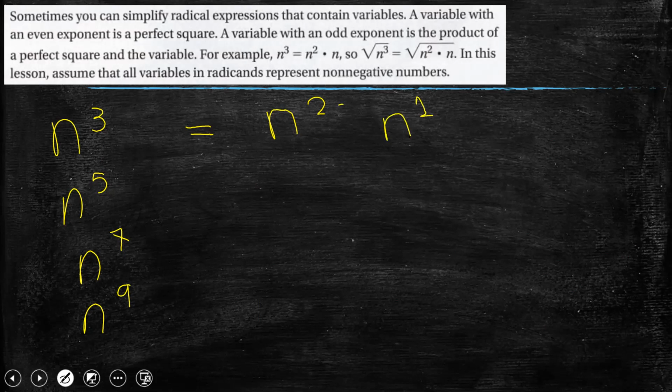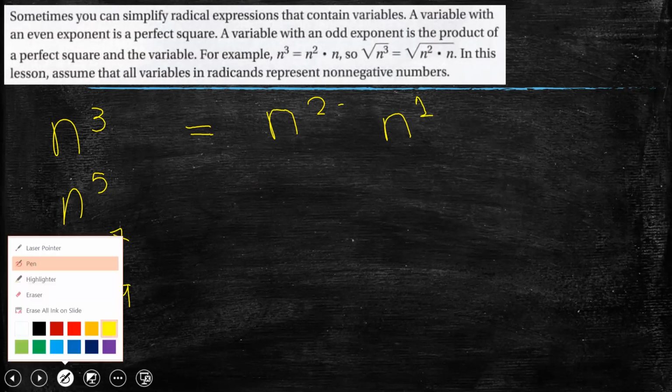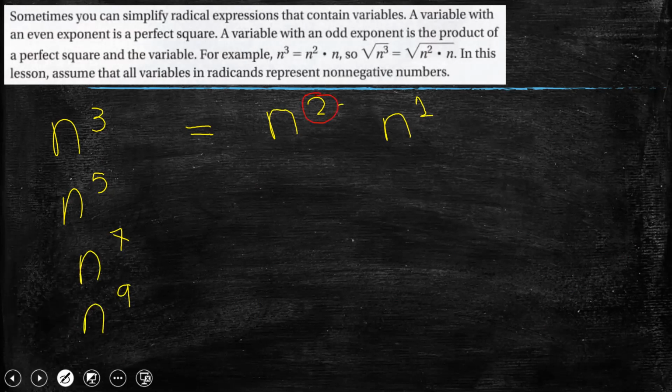Since n times n squared, I can add the exponents to be n cubed. So I can write it as n squared times n. N to the power 5.